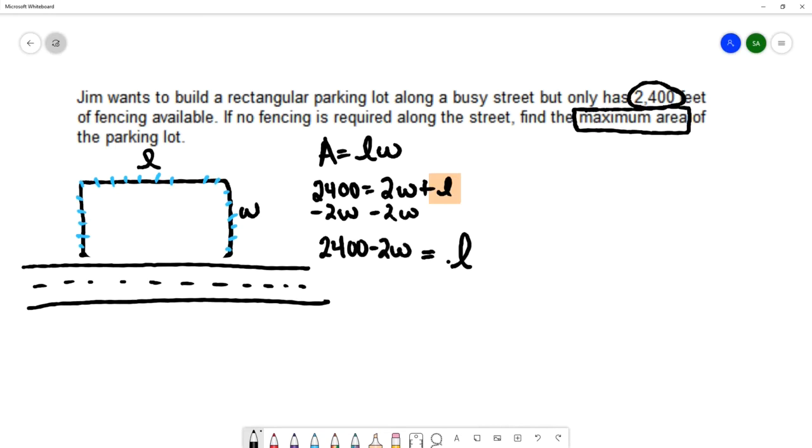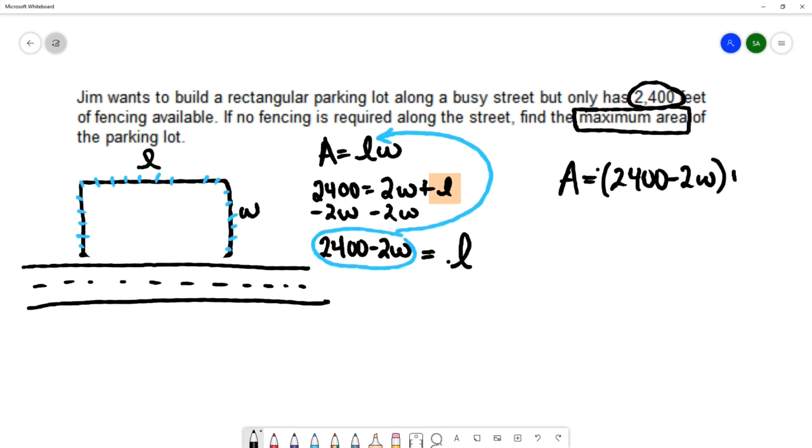And now I can substitute this length into the area equation. I have area equals 2,400 minus 2W times W. And if I distribute that W, we have 2,400W minus 2W squared.